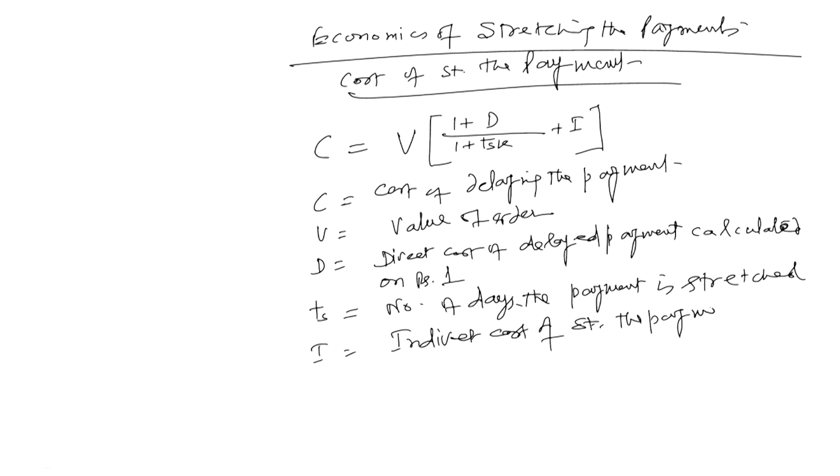So, almost we have addressed all the factors here, and with the help of this model you can easily find out the direct cost of stretching the payments, that is C is equal to V into (1 plus D) divided by (1 plus TS K) plus I.